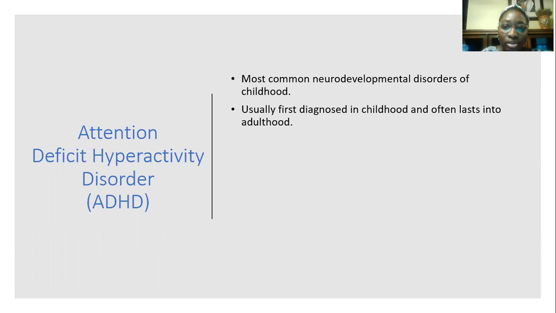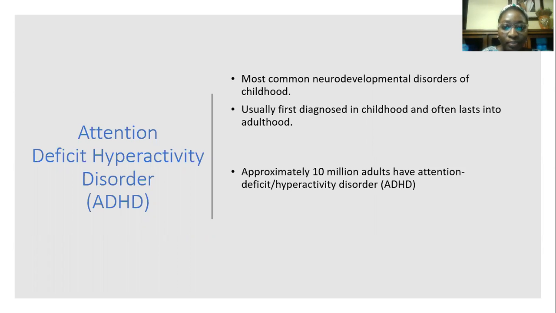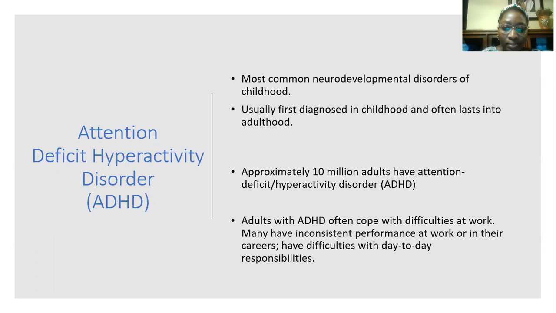It is usually first diagnosed in childhood and often lasts into adulthood. Approximately 10 million adults have ADHD, and they often cope with difficulties at work, can have inconsistent performance at work or in their careers, and have difficulties with day-to-day responsibilities.